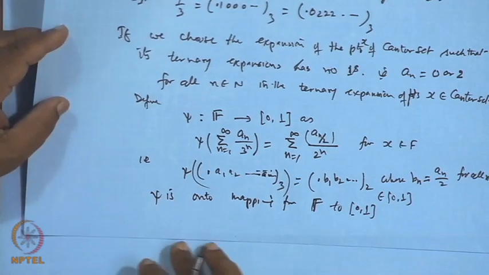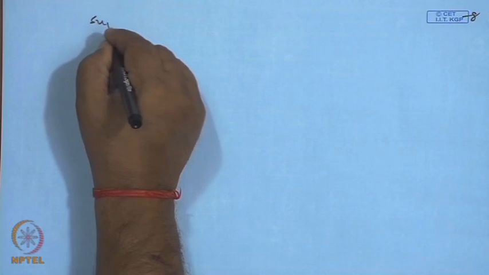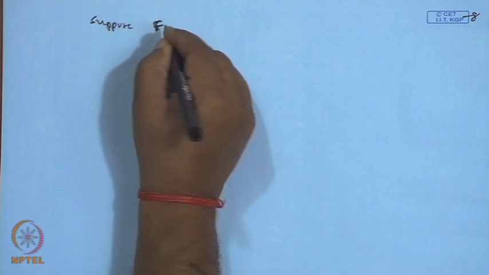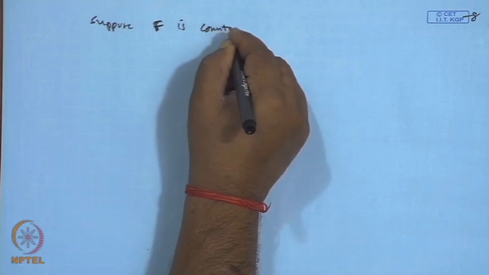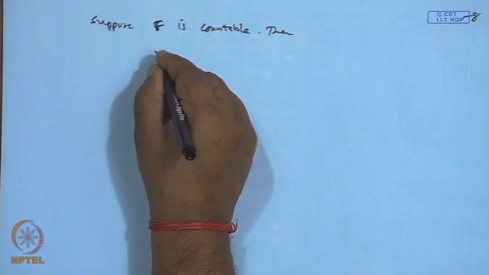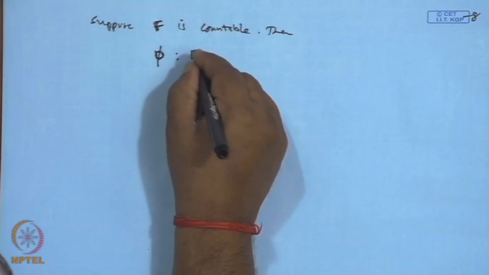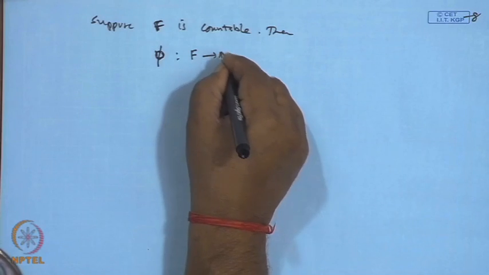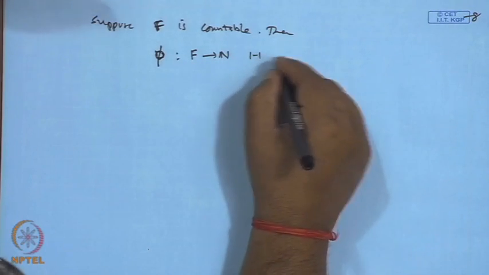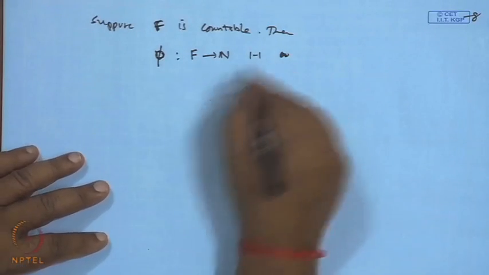Now, let us suppose F is countable. Suppose this Cantor set F is countable. Then there exists a mapping, say phi, from F to N or N to F, a one-to-one correspondence, a one-to-one onto mapping.